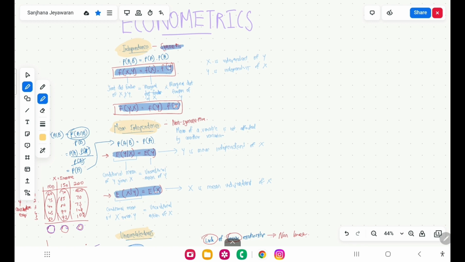That means if two variables are uncorrelated, that doesn't mean that they are mean independent, and that doesn't mean it's independent. This doesn't work, but the other side works. Okay, if they are independent, it implies that it's mean independence and it's uncorrelated. So when you come from top to bottom, it's correct, but you can't go from bottom to top. That part you have to remember.